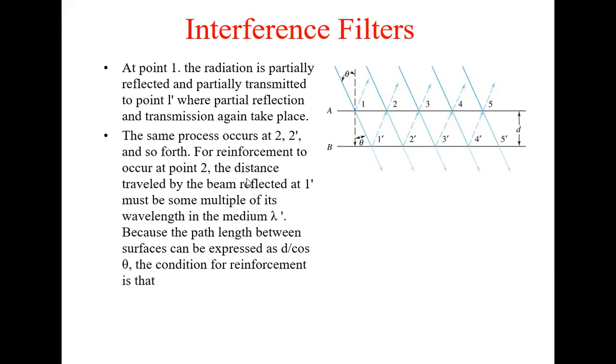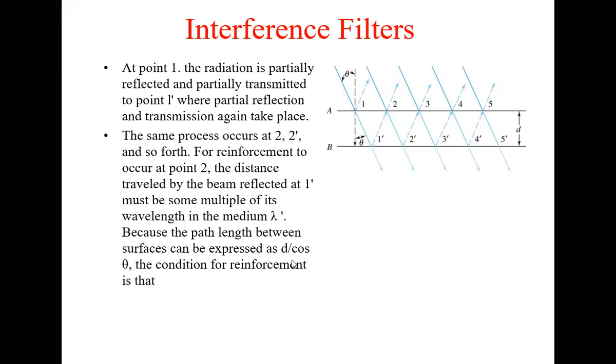For reinforcement to occur at point 2, the distance traveled by the beam reflected at 1 must be some multiple of its wavelength in the medium, lambda prime. So it must be multiples. And because the path length between the surfaces can be expressed as d cosine theta, we have written an equation to solve that, all right?